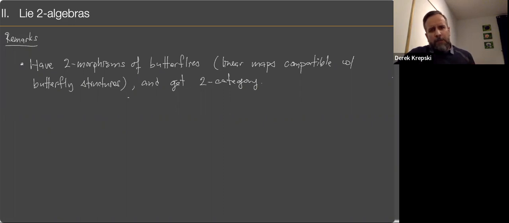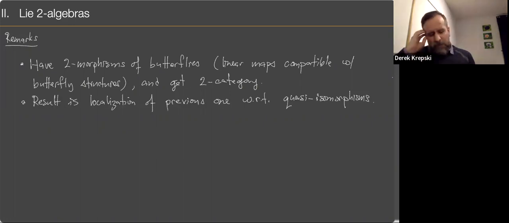But the reason why we would introduce the butterflies is that now quasi-isomorphisms, if you look at the butterflies that you get from those, it turns out that both diagonal sequences in the butterfly are short exact.